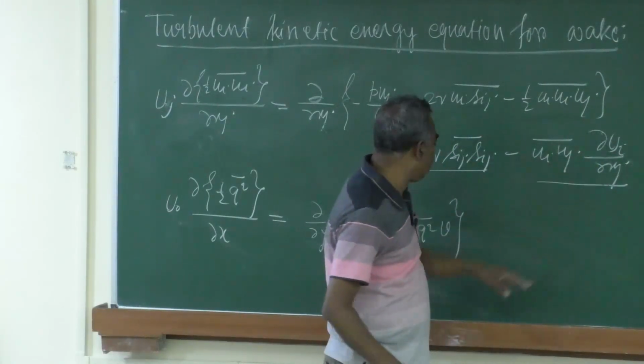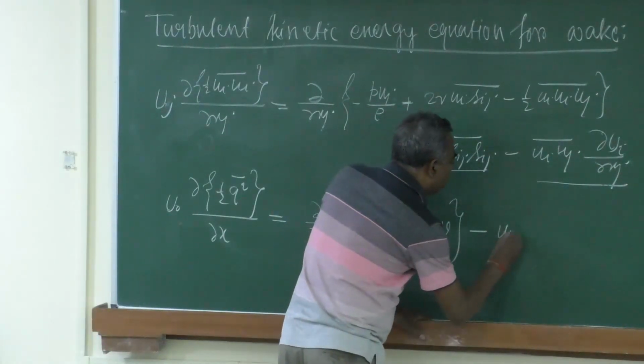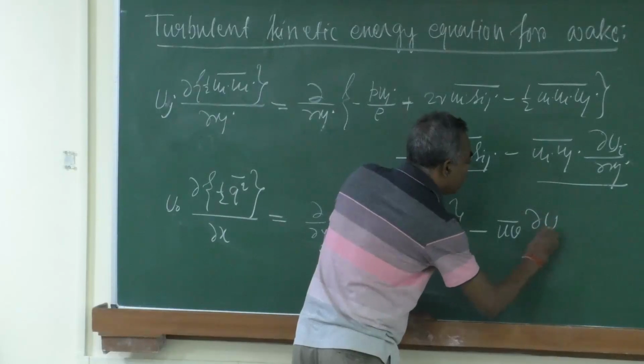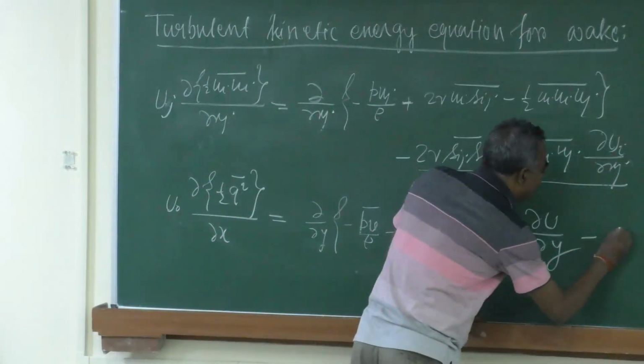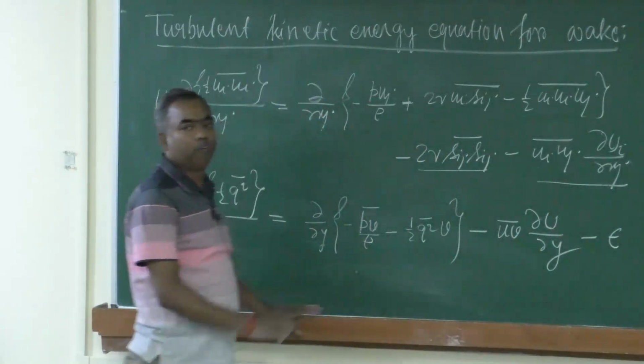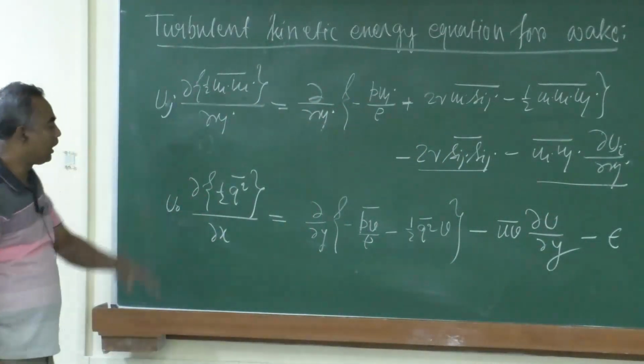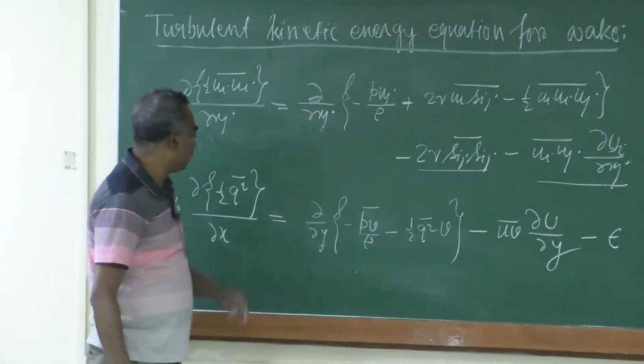So, that means this particular term for turbulent wake is this, minus the dissipation term, let us call it epsilon. So, this is our equation.